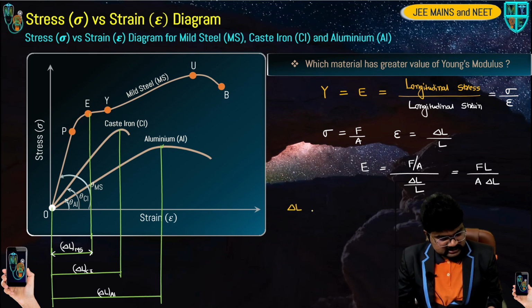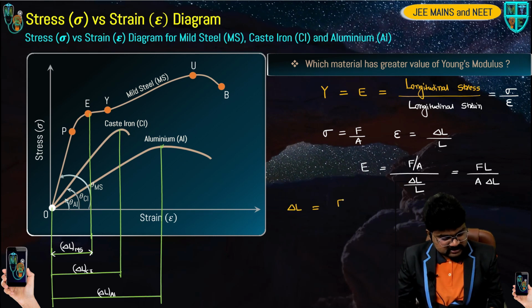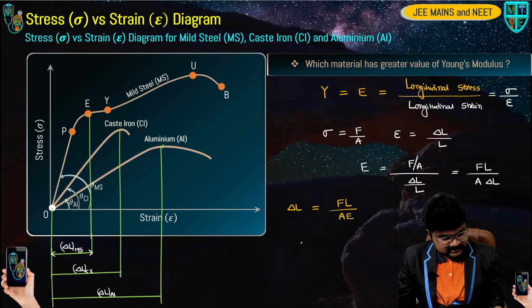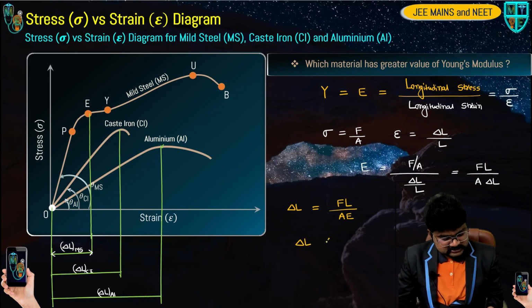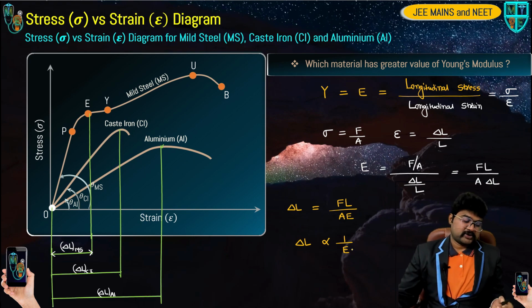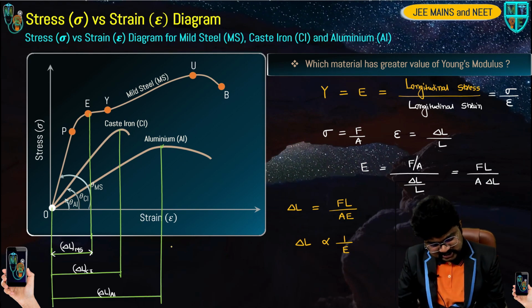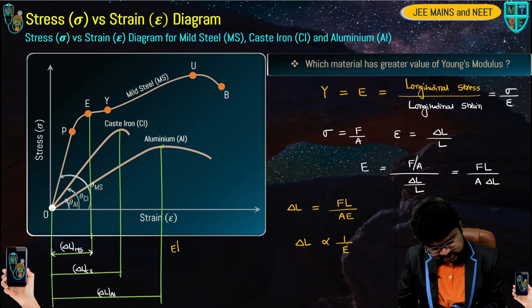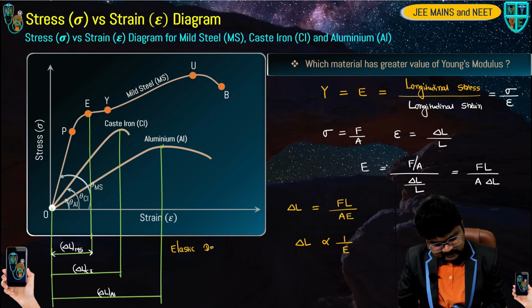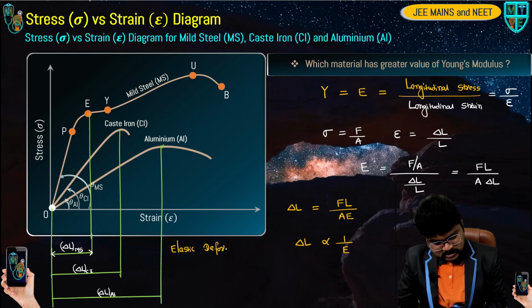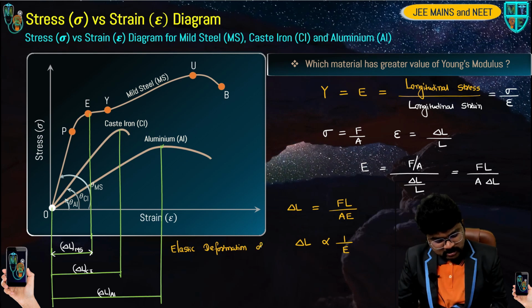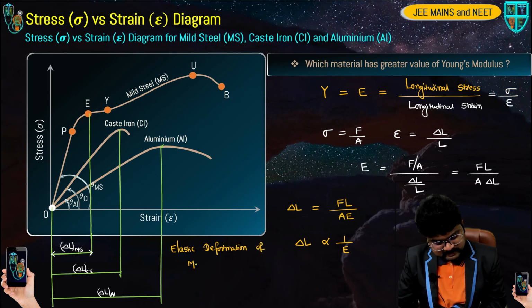Delta L equals F L by A E. Here delta L is inversely related with E. So here what is the elastic deformation of mild steel?